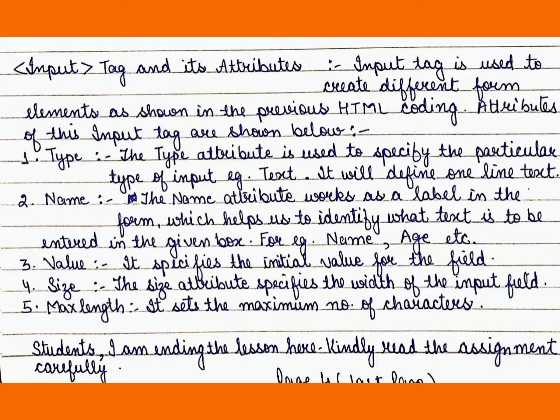It specifies the initial value for the field. Number 4, size. The size attribute specifies the width of the input field. And number 5, max length. It sets the maximum number of characters that you can enter in a box.